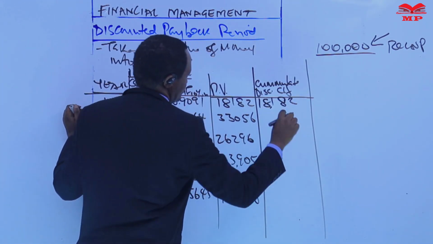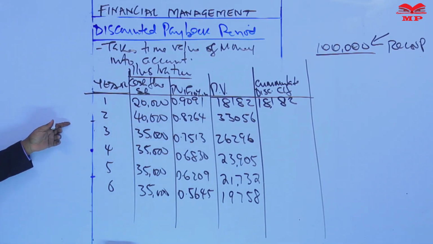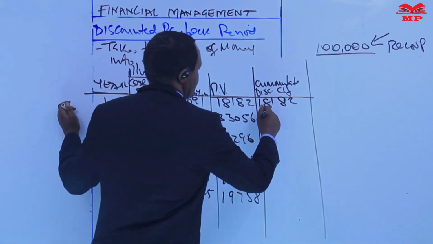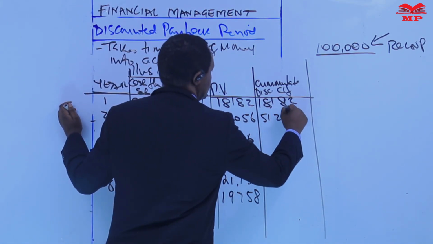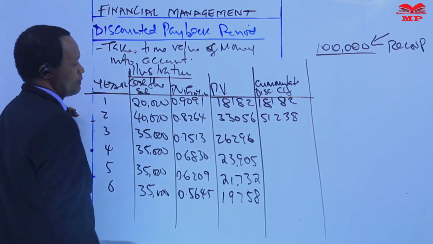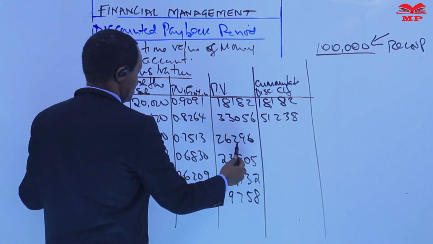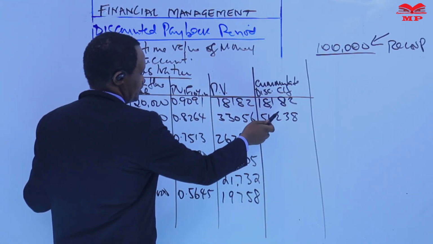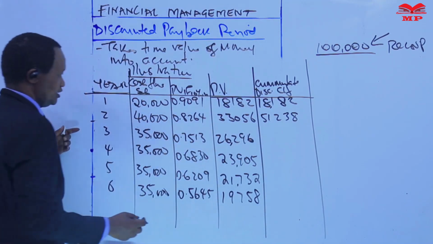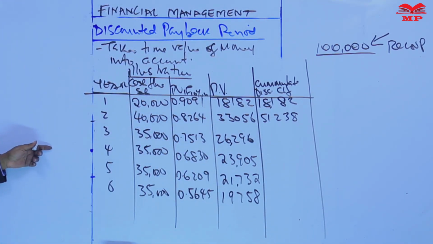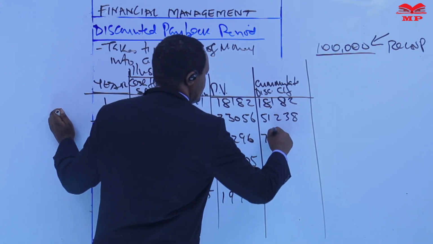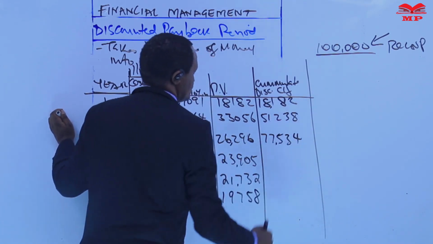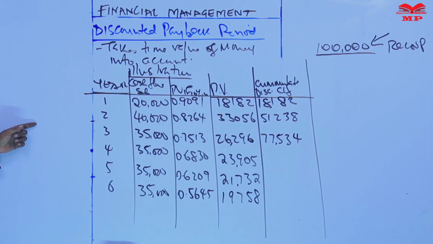This is only 18,182 at the end of year 1. At year 2, it is 51,238. At the end of year 3, we add what we have for the 2 years to what we have for the third year: 77,534.